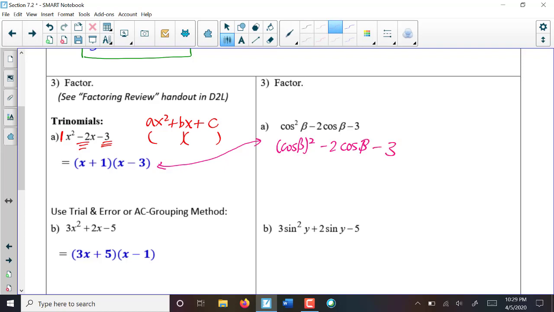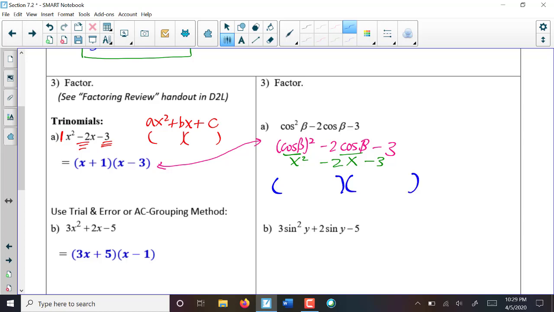So it's kind of like using, we could think of that u substitution, or we've talked about replacing it. So this is where your x would have been. So it would have been x squared minus 2x minus 3. Okay, so if you need to do that substitution, choose a different variable for your trig function and then factor and then go back to your trig function.